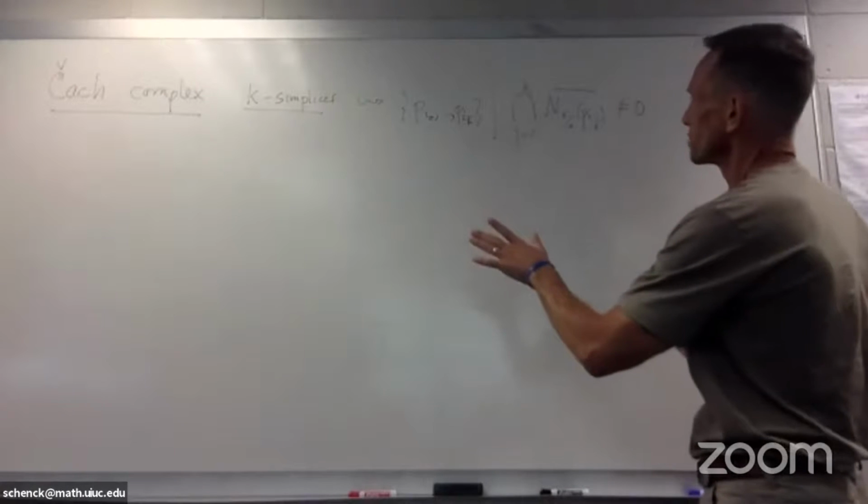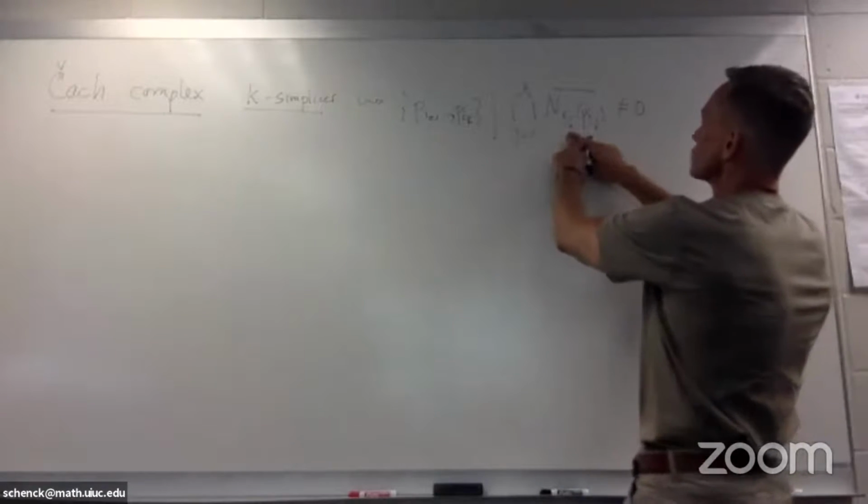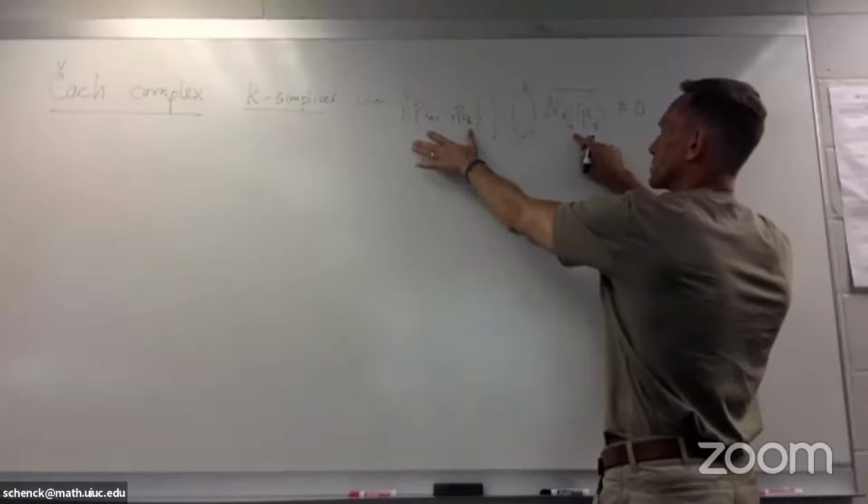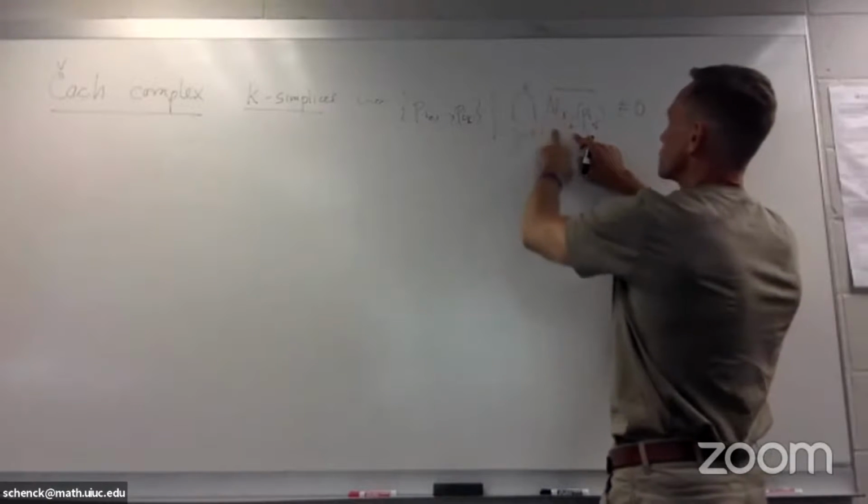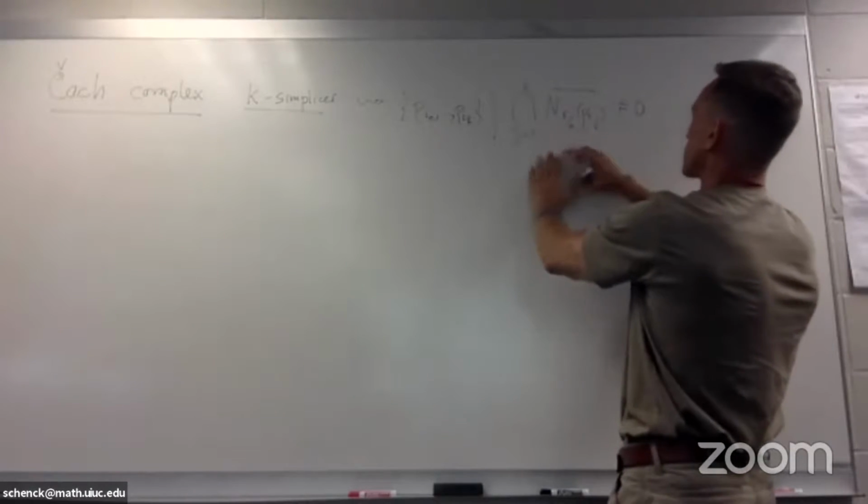So what this means pictorially is I take an epsilon over 2 ball around each of these k points, and then I close it up.